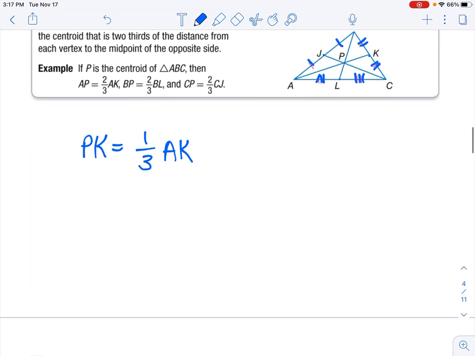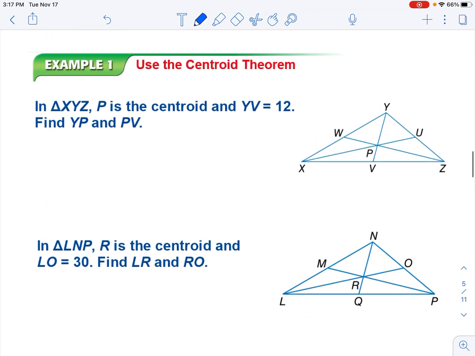So let's try some. We are given the triangle XYZ. We know P is the centroid, meaning we could mark these all out if we wanted to. So P is the centroid, and YV is equal to 12.